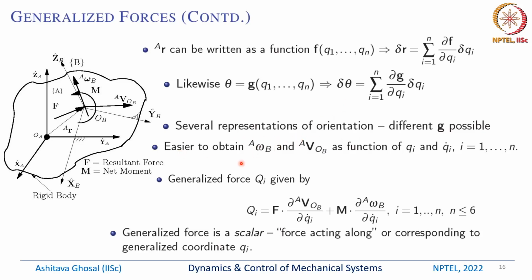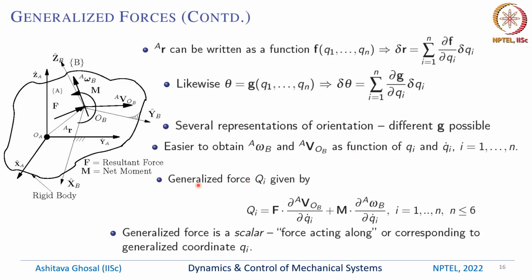However, whatever is the representation of position and orientation, we can also find the angular velocity and the linear velocity of this point. This is well defined. So this could be the space fixed angular velocity, which is r dot r transpose, and this could be the derivative of the position vector.